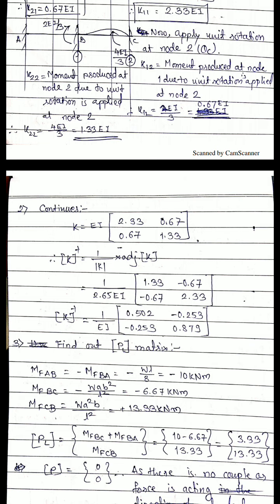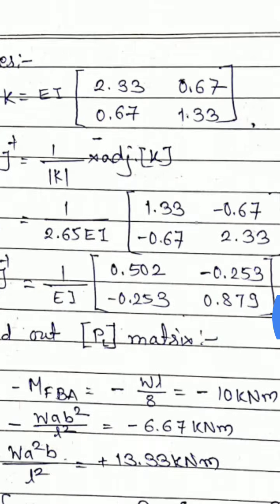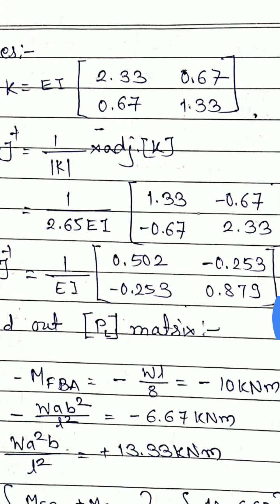Now once again, if you try to apply the compatibility equation in this particular solution, we have to find out k inverse also. How to find out k inverse from the k matrix? K inverse is nothing but 1 upon k determinant into adjoint of k matrix. So how to find out the determinant now?